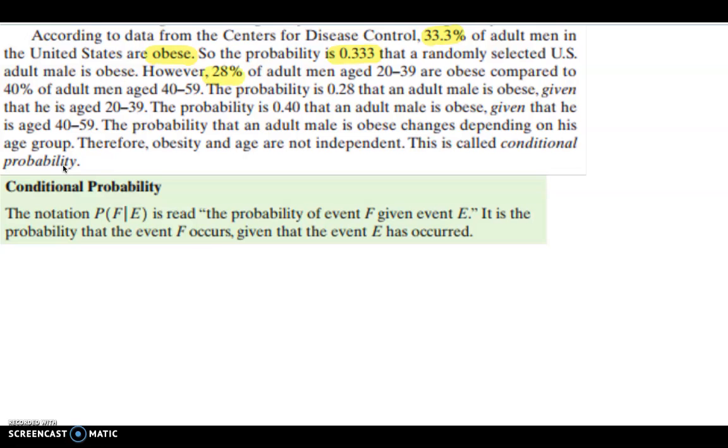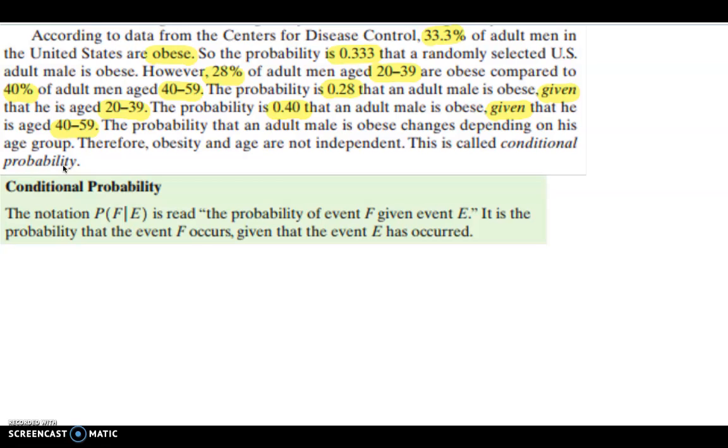However, 28% of adult males ages 20 to 39 are obese, compared to 40% of adult males ages 40 to 59. So the probability is 0.28 that an adult male is obese given that his age is 20 to 39. But then it's 0.40 that an adult male is obese given that his age is 40 to 59.